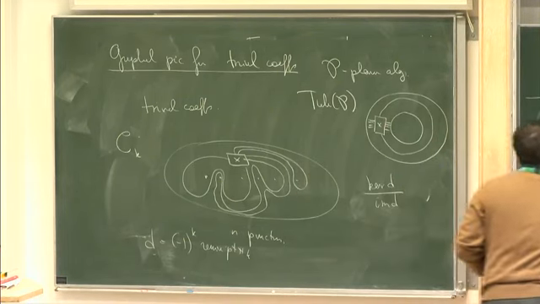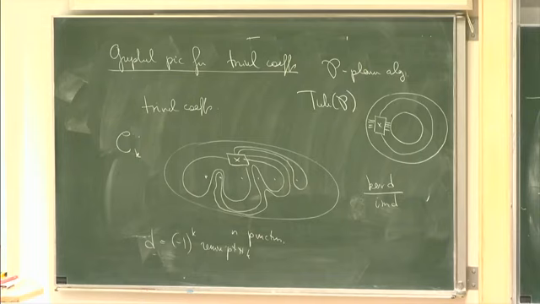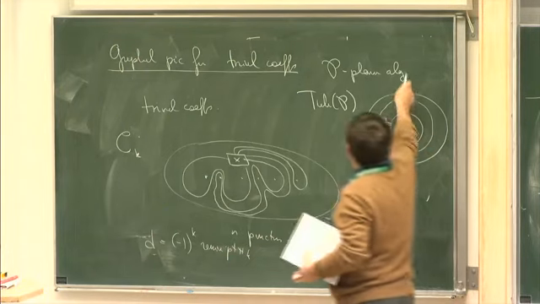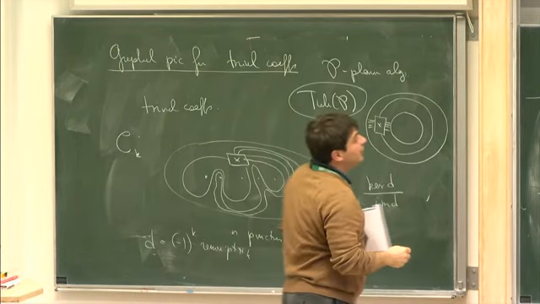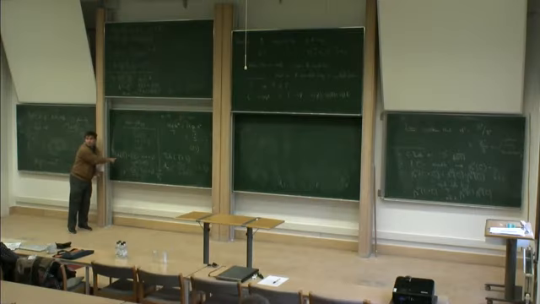And it has been an interesting mystery what's going on there. Now, of course, again, your hero of the day is Morita equivalence. The tube algebra of this planar algebra is again Morita equivalent to this tube algebra.